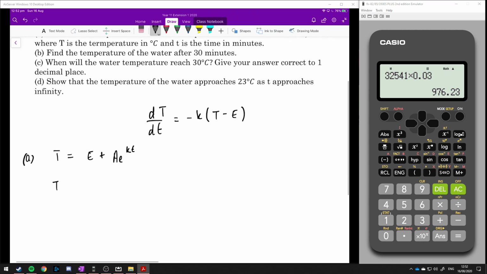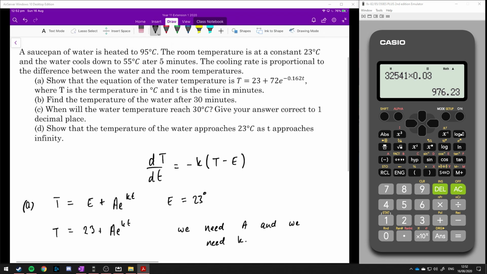So E is equal to 23 degrees, and T is equal to 23 plus Ae to the kt. So we need A and we need k, just like we did before.